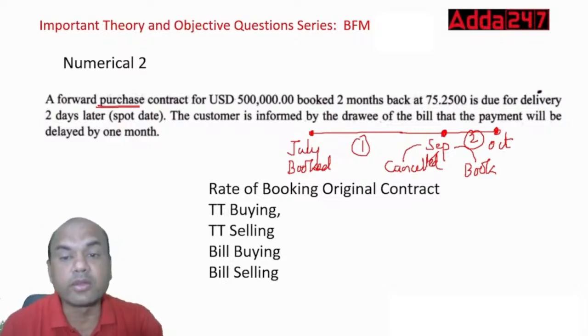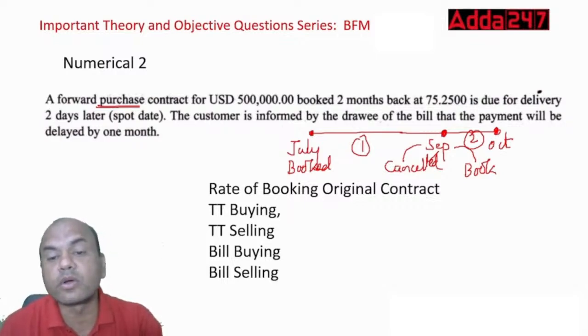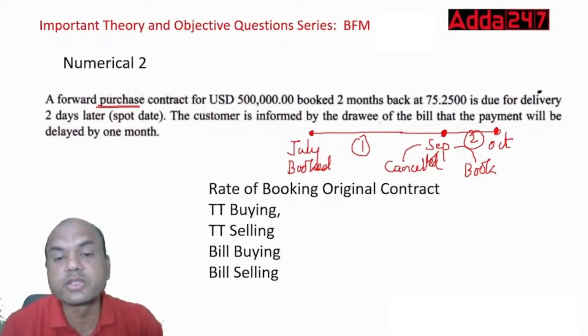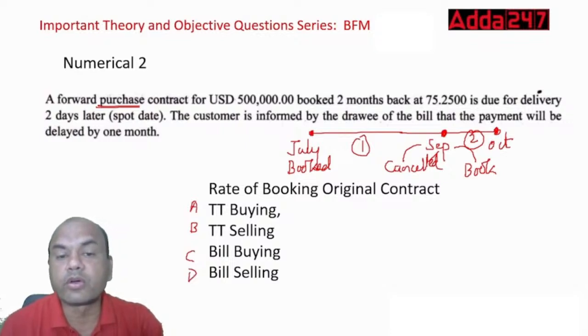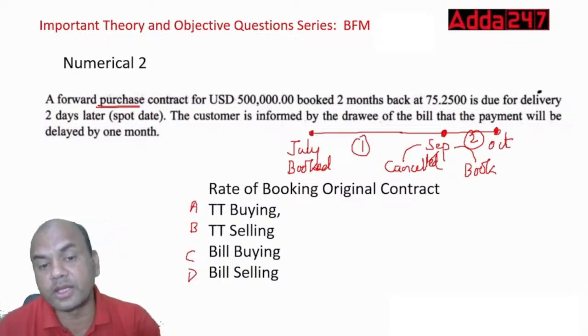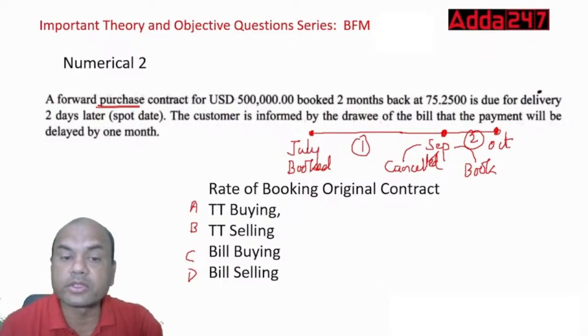Okay, now let's look at it. What is the rate of booking of the original contract, when it was booked in July? Let's consider this ABCD: A, B, C and D. When the contract was booked in July, at what rate was it booked?